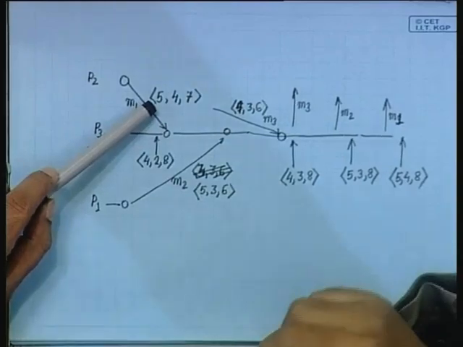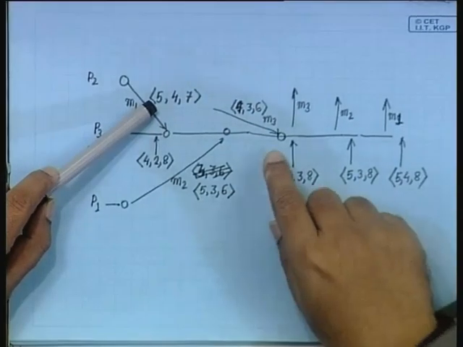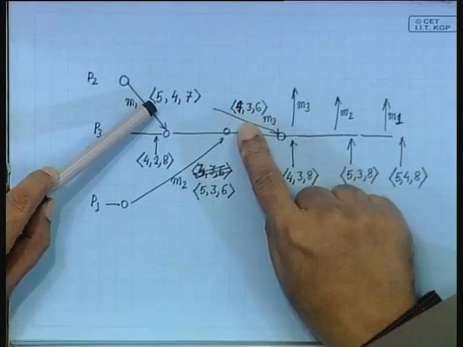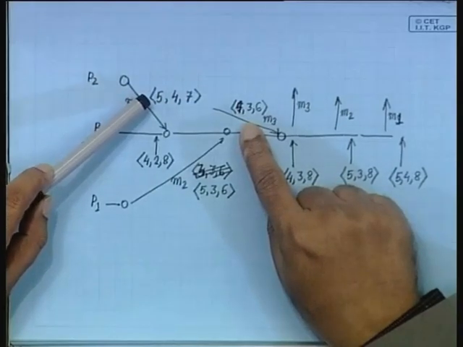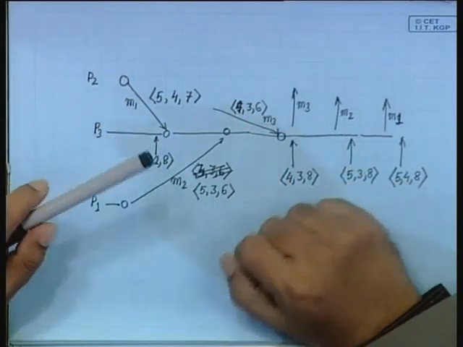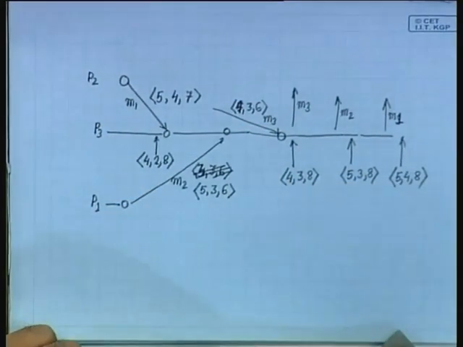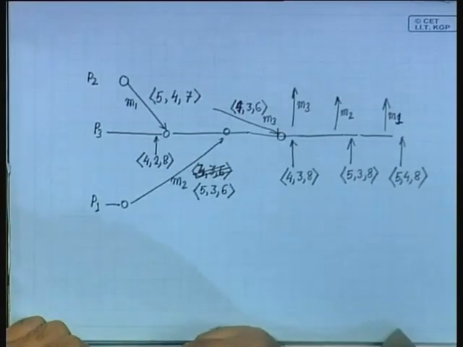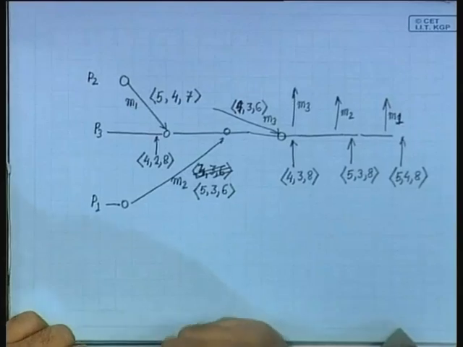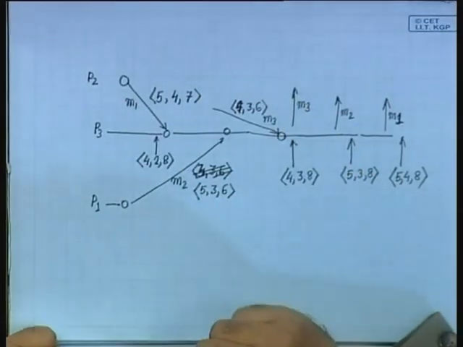It cannot be 5 because M1 causally precedes M3 and this is 5 and that is 4. Which causally precedes which one? M1 and M3. M3 causally precedes M1. No, M3 is seen later. This is later but delivered earlier. So M3 causally precedes M1.